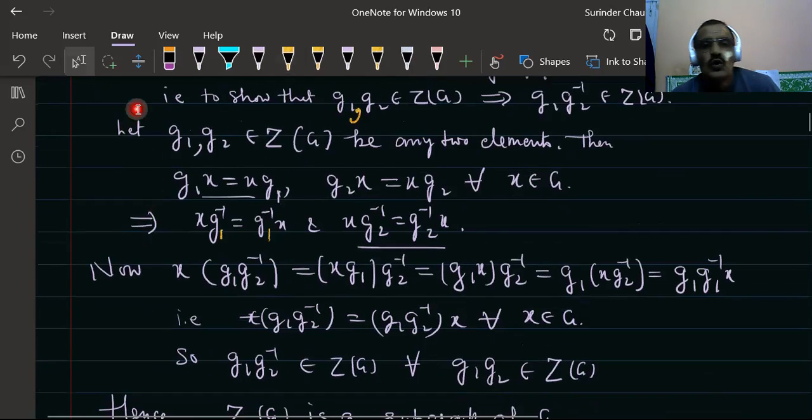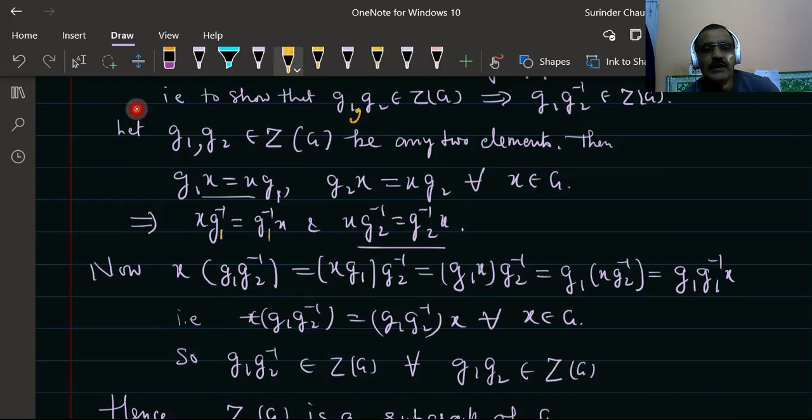Now our aim is to show that g1 g2 inverse belongs to Z(G). That means g1 g2 inverse commutes with all the elements x belonging to G. So let's take x g1 g2 inverse. This holds because the elements are in a group G. So this is equal to (x g1) g2 inverse.